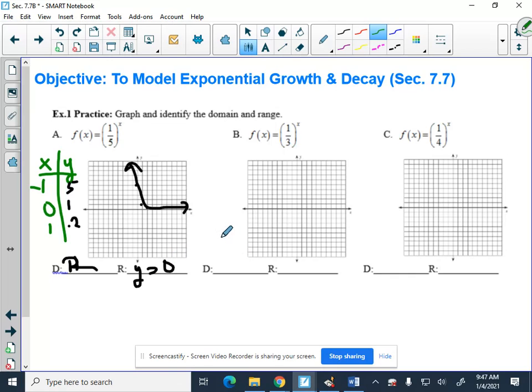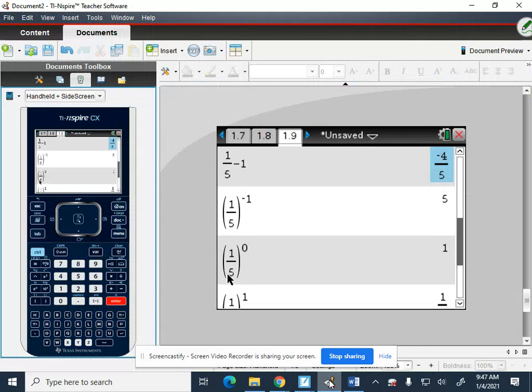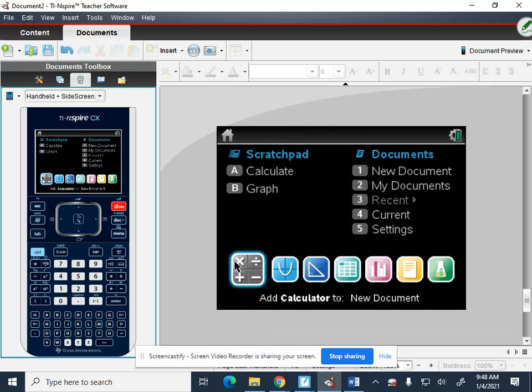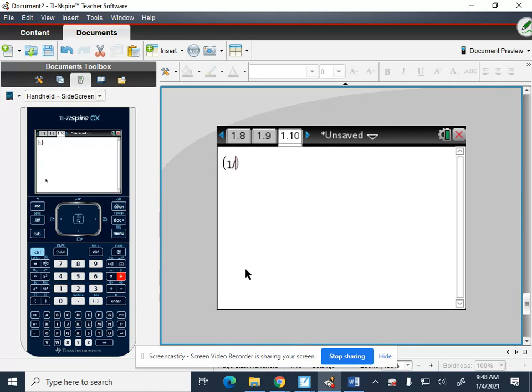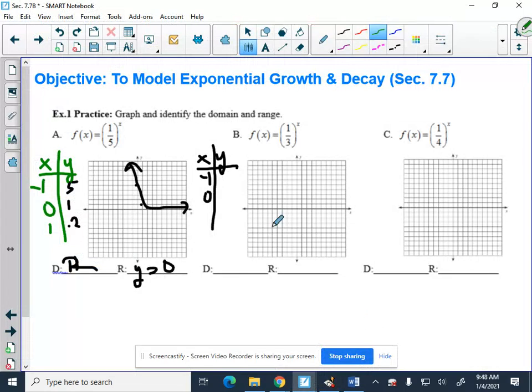Now, is that easy enough? So this one, I make a little table to help myself graph it. I'm going to start out with -1 and 0 and see if that's enough to get me the idea. I'll put in -1. Clean up my calculator screen here a minute. 1/3, raise it to the -1, I get 3. 1/3, raise it to 0, I get 1. You might say, well, what about 1?